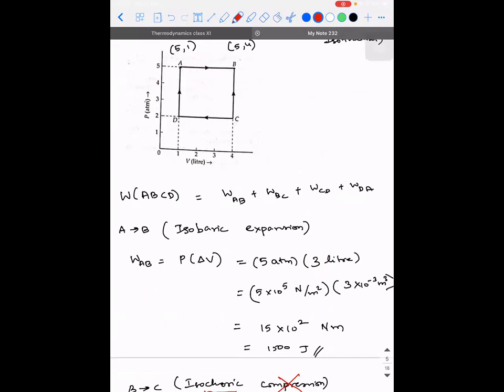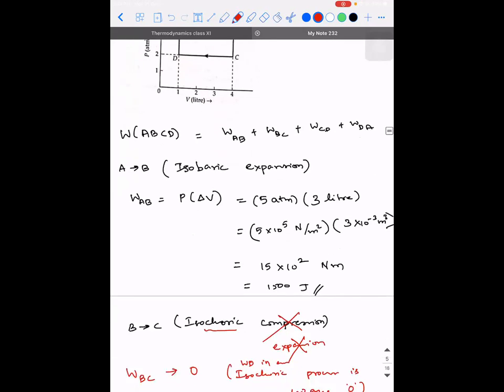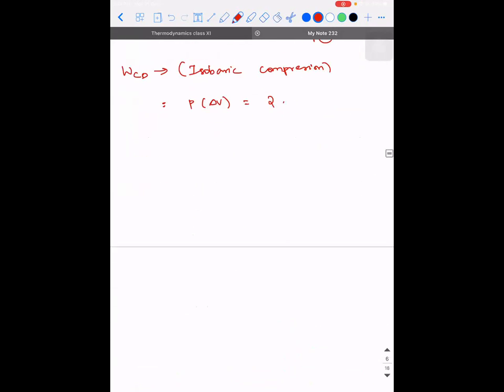It is 2, sir. It is 2 into what is the change in volume? 3, sir. So 2 atmosphere into 3 liter. So 2 into 10 power 5 Newton per meter square, 3 into 10 power minus 3 meter cube.